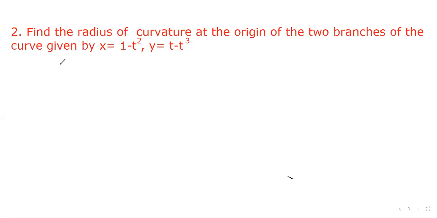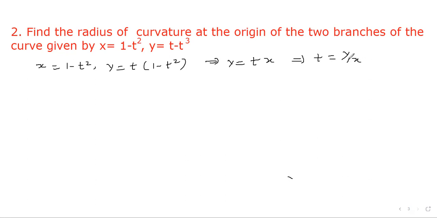So let's reconsider it. x equal to 1 minus t square and y equal to t times (1 minus t square). And in place of 1 minus t square, we can write x. So we get y equal to tx, or t equal to y upon x.